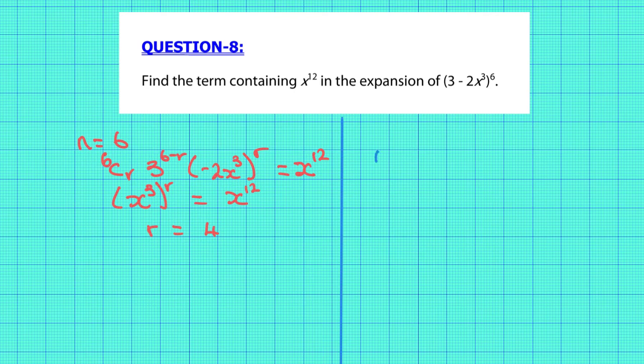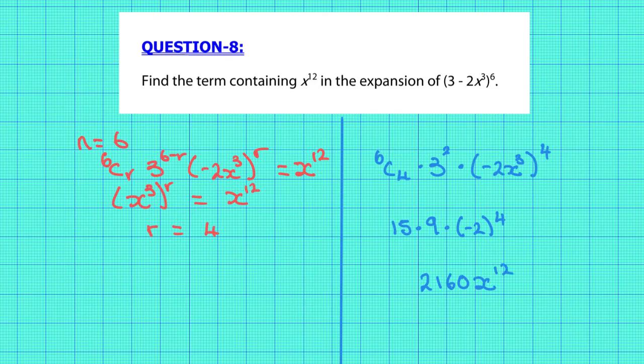So we've got 6 choose 4, 3 to the power of 6 minus 4, which is 2, (minus 2x cubed) to the power of 4. 6 choose 4 is equal to 15. 3 squared is equal to 9, times minus 2 to the power of 4. This gives 2,160 x to the power of 12.